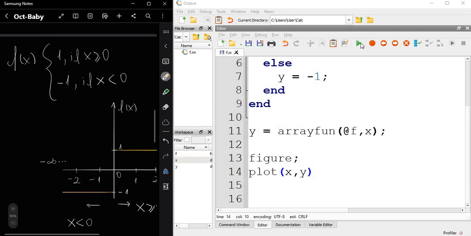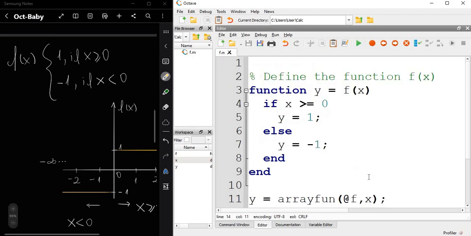Let's try. And nothing happens. We ask to plot. Let's see what is going on, what is wrong in this code.